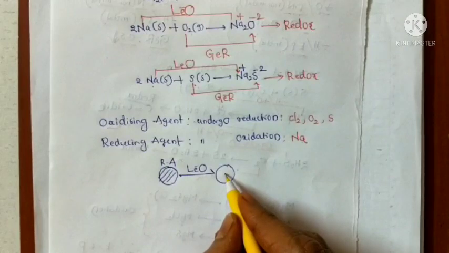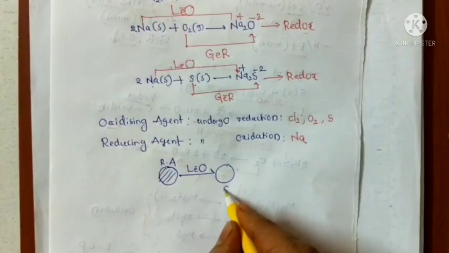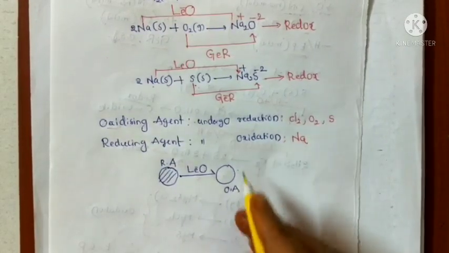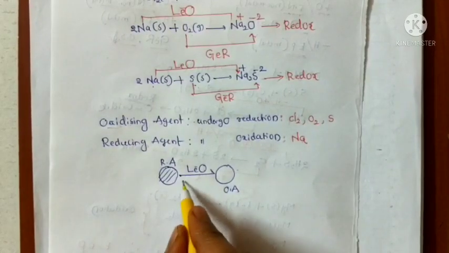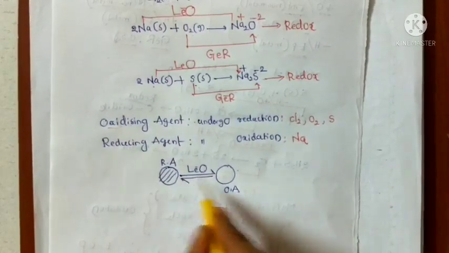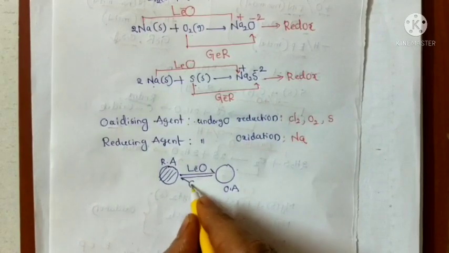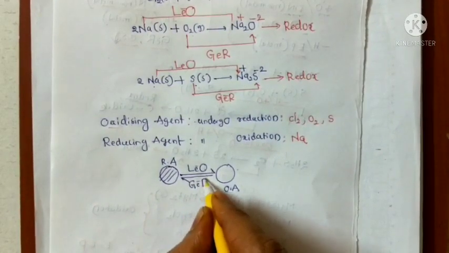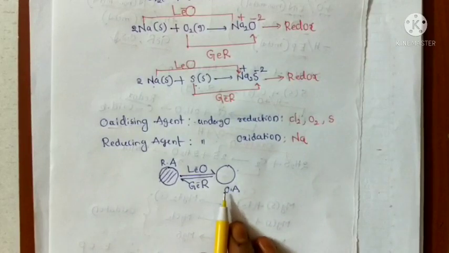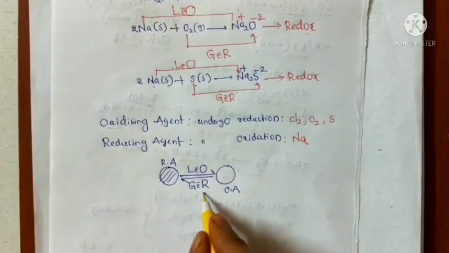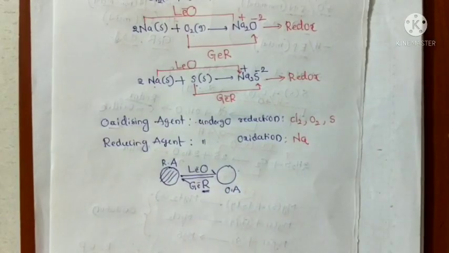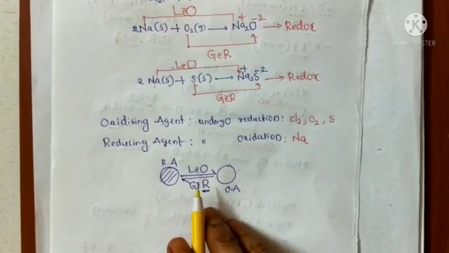Next, the accepting capacity of an oxidizing agent. The substance which accepts the electrons is called an oxidizing agent. An oxidizing agent always undergoes gaining of electrons, that is, an oxidizing agent always undergoes the reduction process. So this is a simple trick.